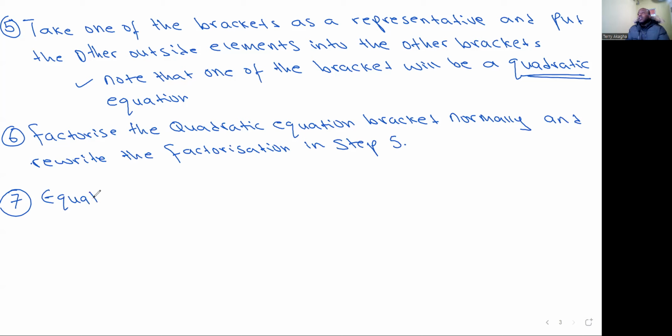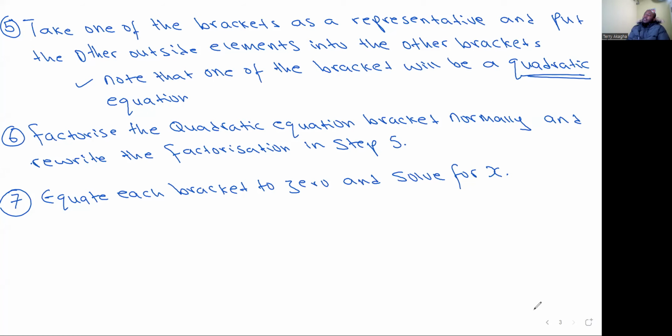You then equate each bracket to 0 and solve for x. So if the question did not ask you to solve, you stop in step 6, but if it asks you to solve, you then have to go to what? Step 7.